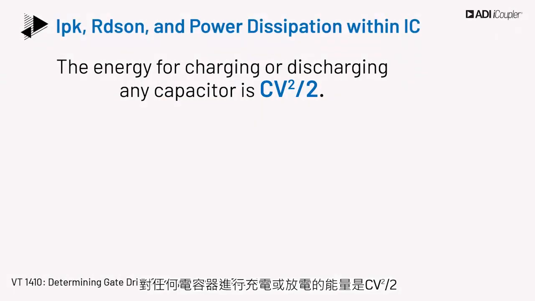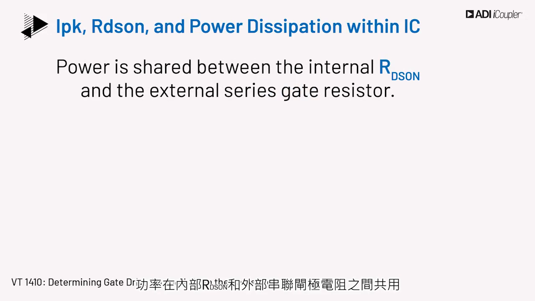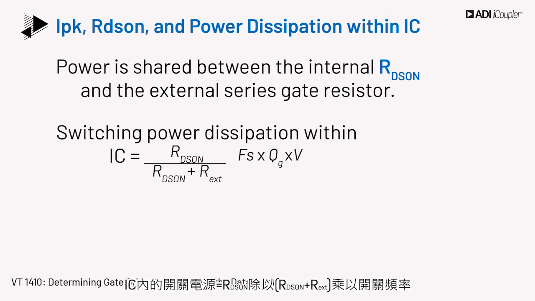The energy for charging or discharging any capacitor is CV²/2. The way this energy is dissipated determines the thermal management of the driver. Power is shared between the internal RDS(on) and the external series gate resistor. Switching power dissipation within the IC is equal to RDS(on) divided by RDS(on) plus R_EXT, multiplied by the switching frequency times the total gate charge and applied gate voltage, with IC being the integrated circuit.